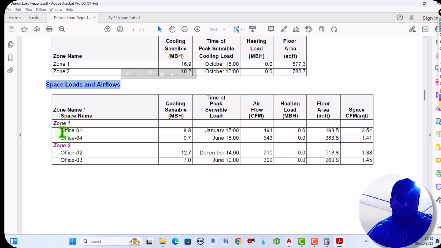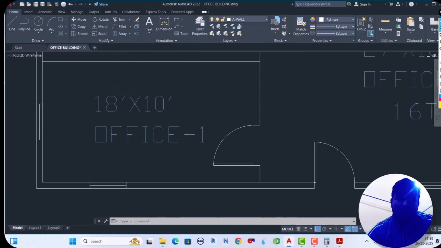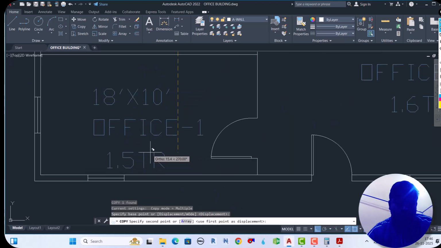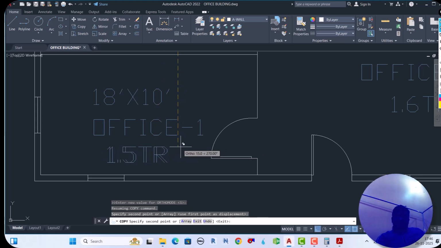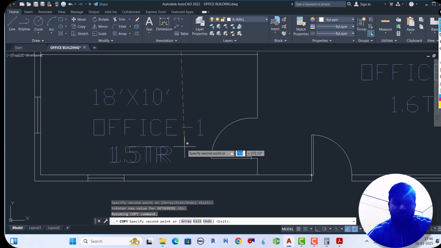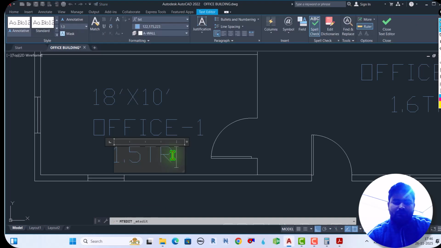Okay, so office 1, how much airflow we need? 491. Let me mention here, office 1, 491 CFM.